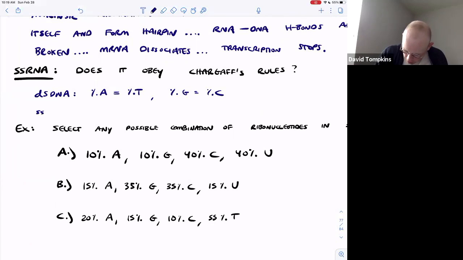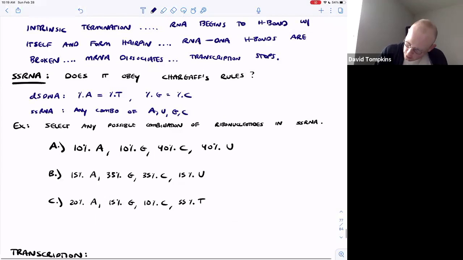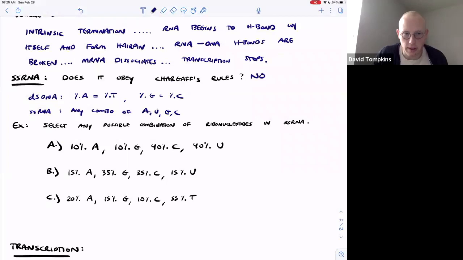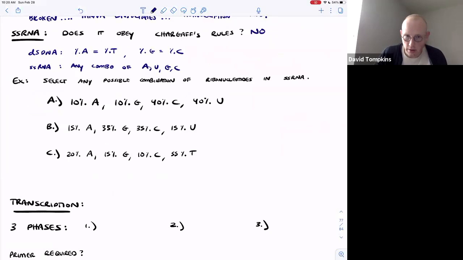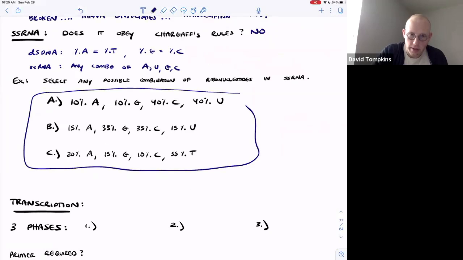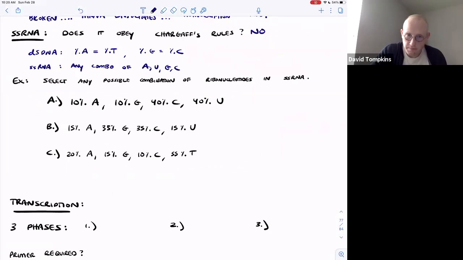But for single-stranded RNA, we can really have any combination of A, U, G, and C. So Chargaff's rules do not apply unless it makes some sort of hairpin structure. And you'd have to be told that. So, for example, you could be asked a multiple choice question. There are multiple in the test bank like this where you're asked to select any of the following combinations of nucleotides that could be the constituents of a single-stranded RNA structure.